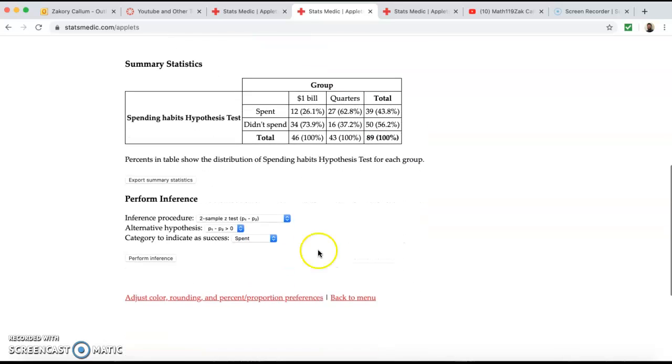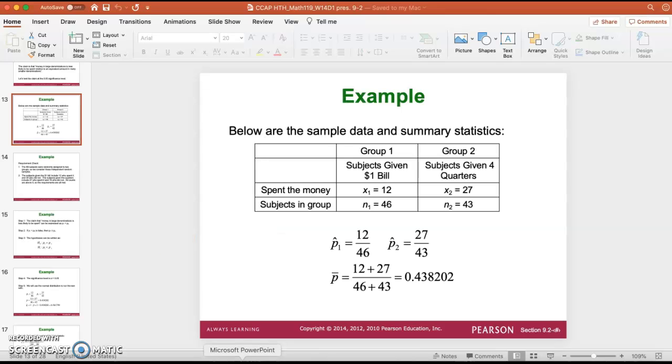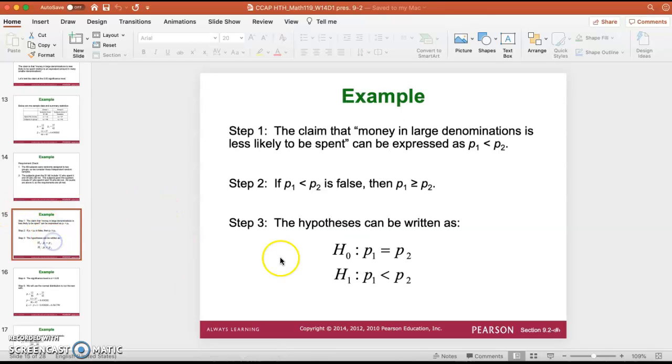And you want to come down to the bottom under Perform Inference. Notice you're doing a 2-sample z-test, so all good there. Now you want to be careful of the alternative hypothesis because the applet organizes it a little differently. And notice we're testing the category spent, we're good there. Now back to the alternative hypothesis. The way we set it up in our problem was P1 is less than P2.